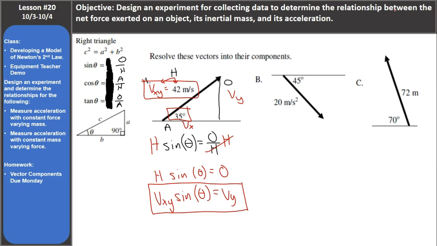Okay. So let's look at it. Adjacent is going to be cosine, so cosine of the angle is going to be equal to adjacent over hypotenuse. Everybody follow me on that? It's adjacent because that's the one that corresponds to dx. Then we're going to multiply by H on both sides.